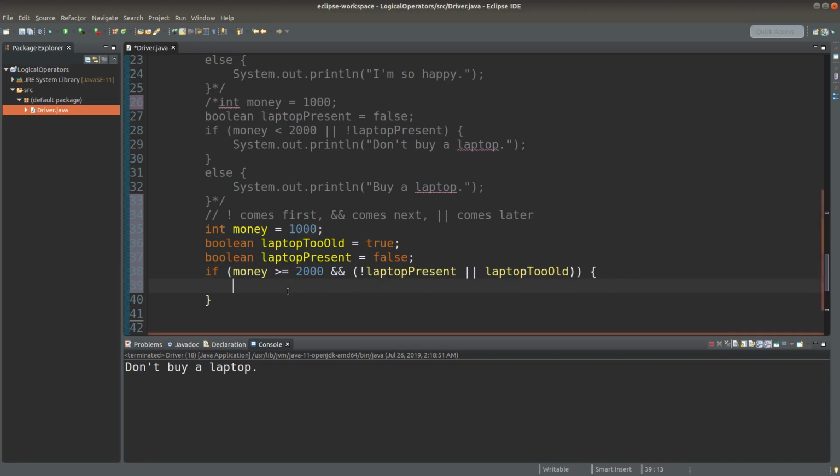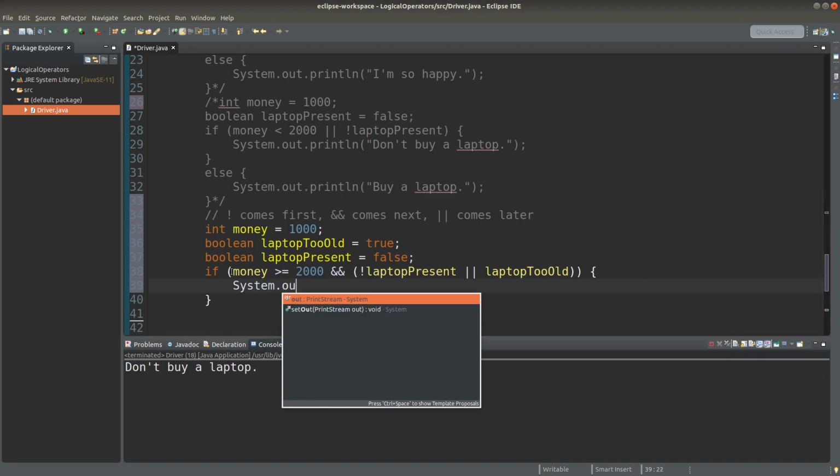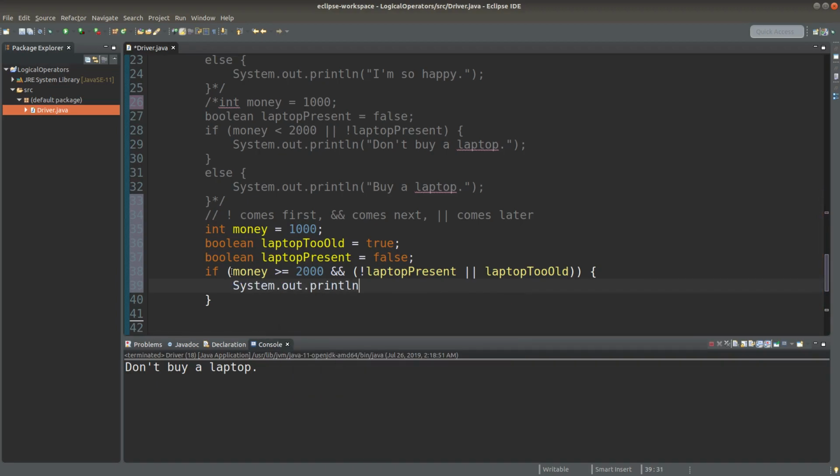If this whole condition is satisfied, I can buy a computer. Else, I don't buy it.